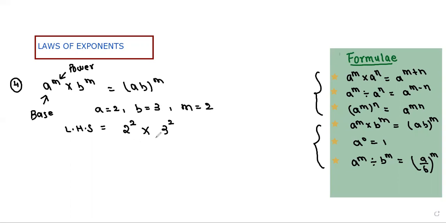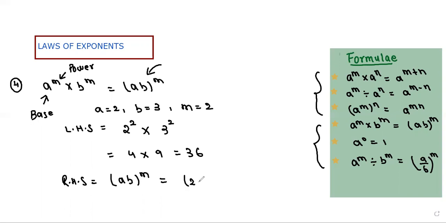On the left hand side, we can see that this will become 2 squared is 4 into 3 squared is 9, so we are getting 36. Now we have to check whether we are getting 36 on the right hand side or not. On the right hand side, we have ab raised to m. A is 2, and then there is nothing, that means multiplication.